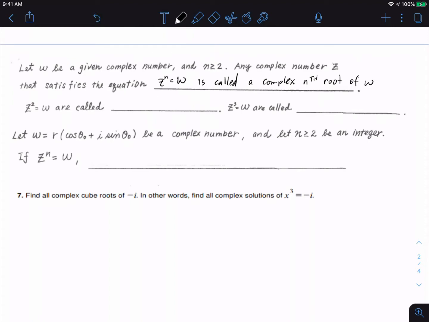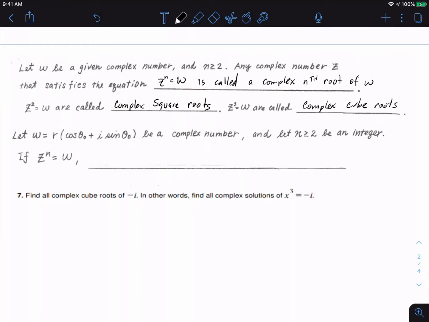So z squared equal to W is called the complex square root. z to the third equal to W is going to be called the complex cube root, or cube roots.